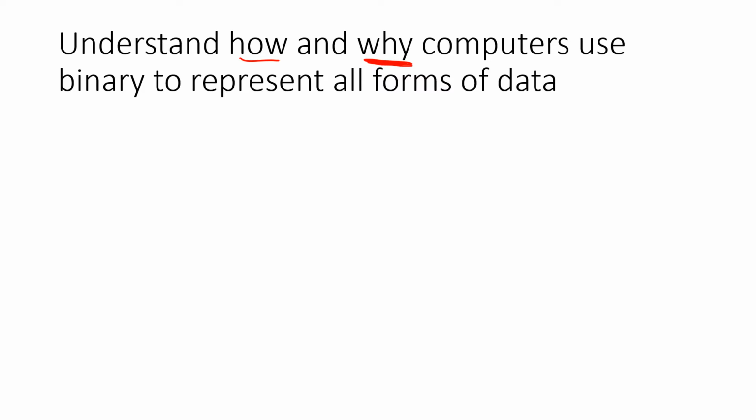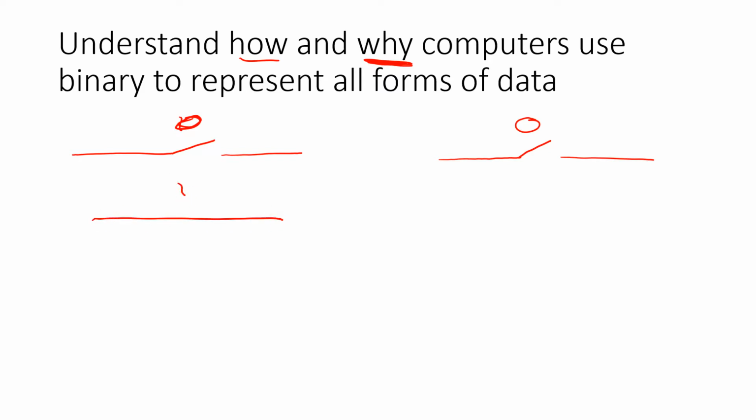Computers are made up of lots and lots of switches. These switches combine together and turn on and off in different ways to do everything a computer does. Now these switches can be represented as a 0 if they're switched off, they're open, and a 1 if they are turned on or closed.